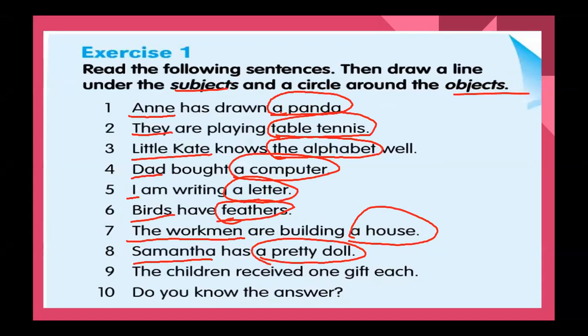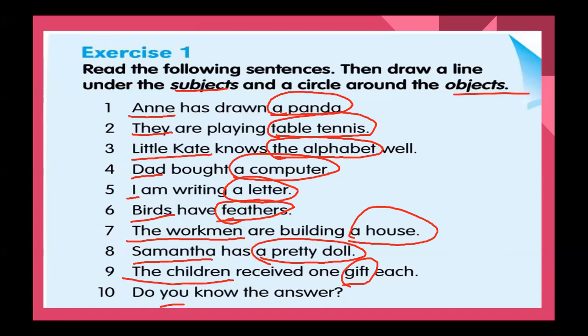What's the subject over here? The children. And what's the object? Gift. Very good. Next, do you know the answer? So tell me what's the subject in this sentence. You is the subject. The answer is the object.